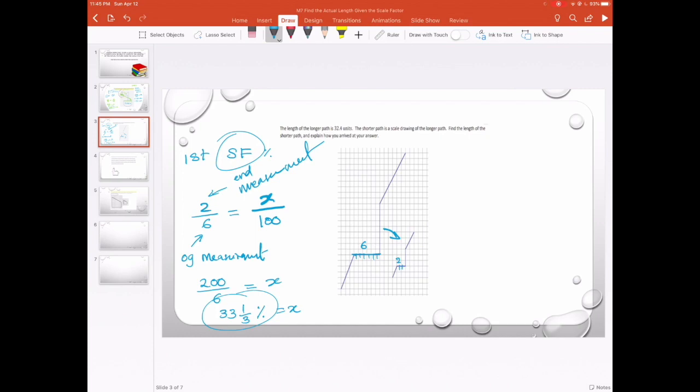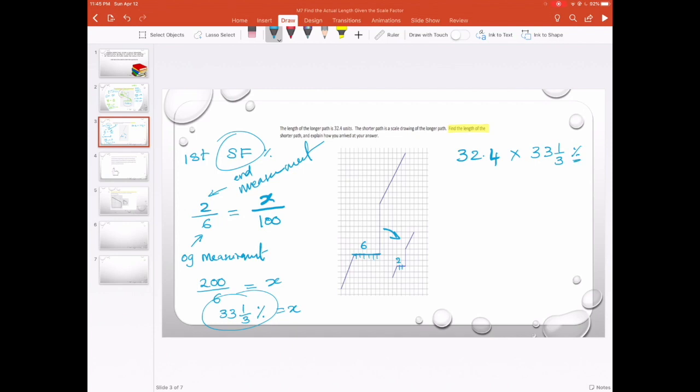So how can I use this? They're asking us to find the length. We have to multiply 32 and 4/10 by this 33 and 1/3%. 33 and 1/3% cannot be multiplied because of the percent sign.